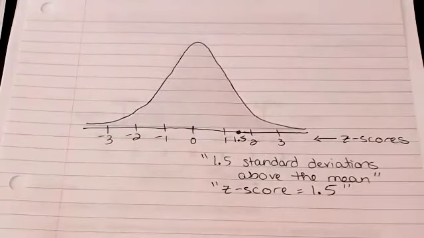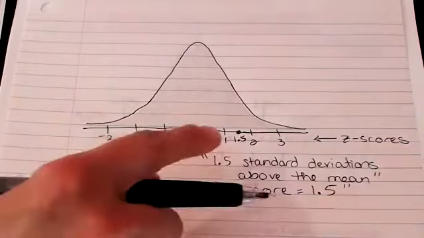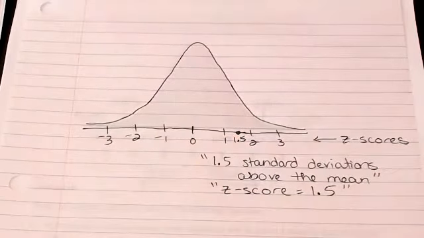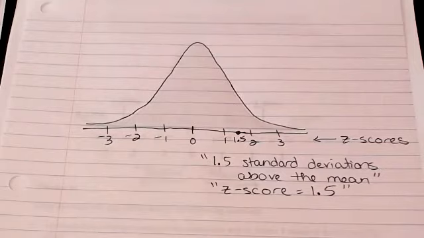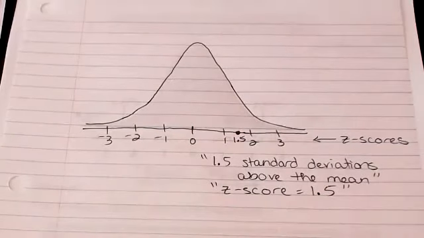So there's a dual meaning. They mean the same thing. 1.5 standard deviations above the mean, you know where that's placed. Or we could say a z-score of 1.5. I know that z-scores mean nothing to you right now. Don't freak out. I promise I will explain what that is describing and where that comes from.